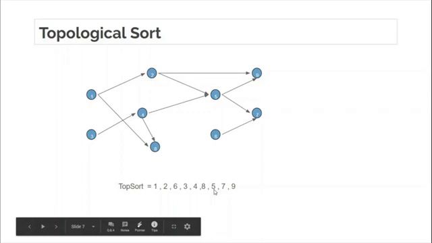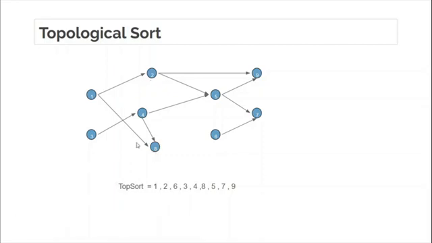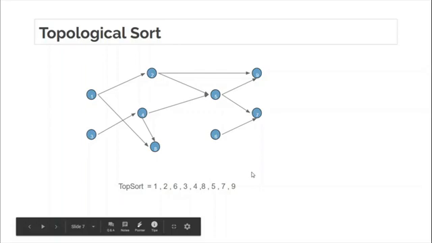For example, for 5, the dependencies are 2 and 4, so before 5 we have 2 and 4. Again, for 2 the dependency is 1, so before 2 we have 1. Similarly, for 8 the dependency is 1, so before 8 we must have 1. So this is a valid topological sorting.